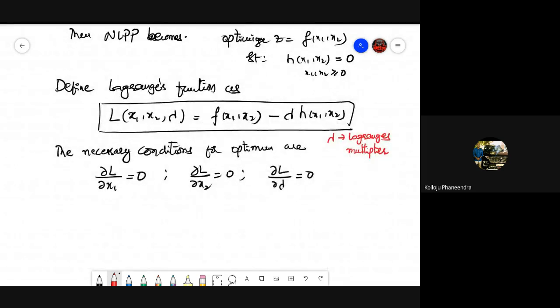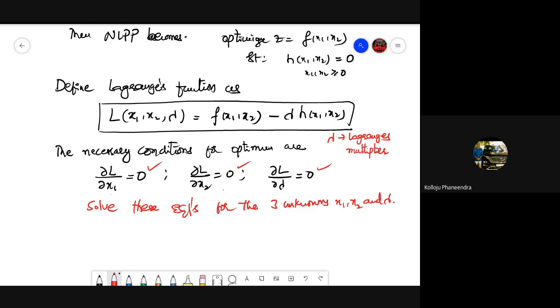Now, these are the necessary conditions. Dou L by dou x1 equal to 0, dou L by dou x2 equal to 0, dou L by dou lambda equal to 0. Solve these three equations for the three unknowns, x1, x2 and lambda.